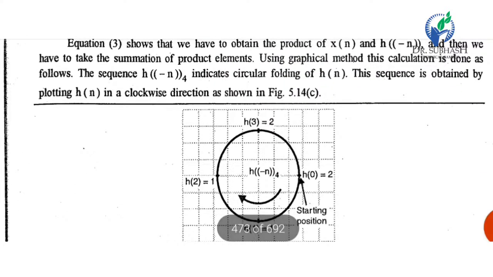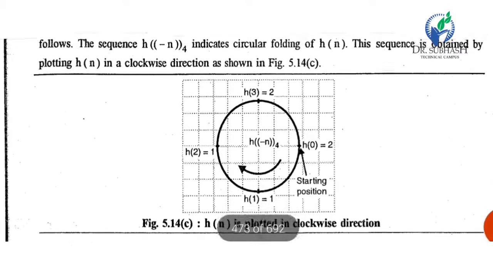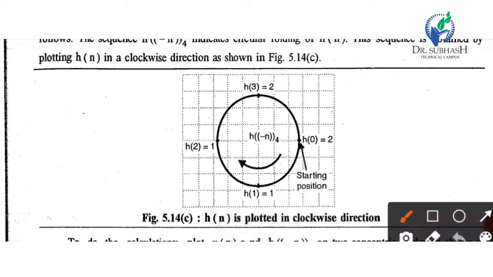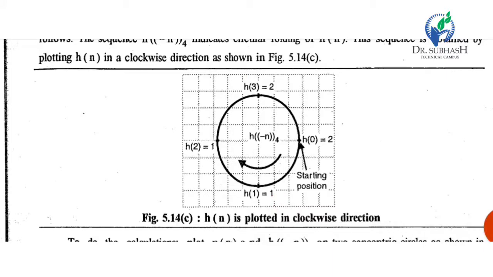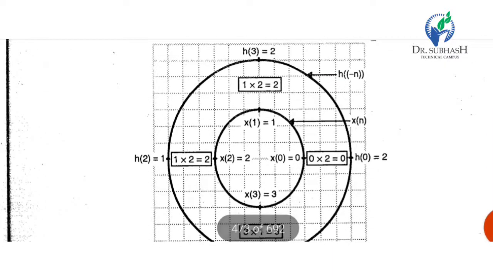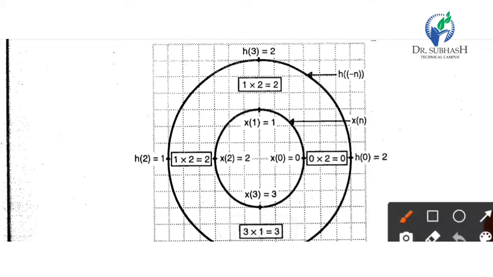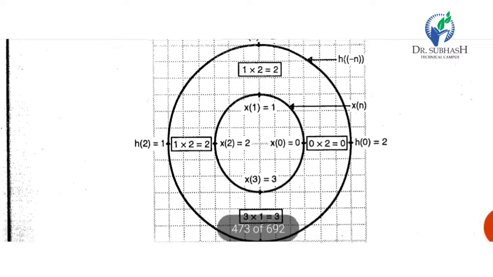We have already plotted x of n. Now we have to plot h of minus n. So here h of 0, h of 1, h of 2 and h of 3. It is the folded version of h of n. Now we have x of n in the smaller circle and h of minus n in the outer circle.